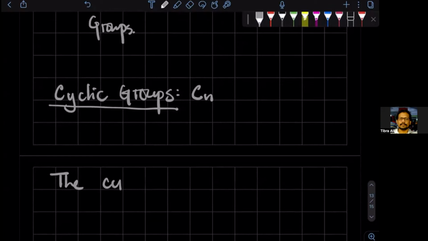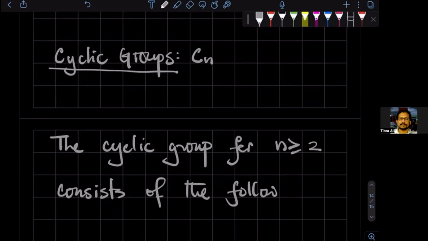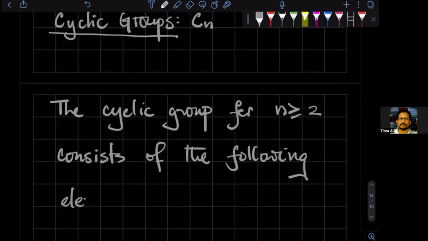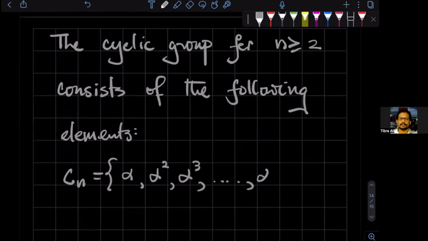The cyclic group, for n greater or equal to 2, consists of n elements, which we can call alpha, alpha squared, alpha cubed, dot dot dot, alpha to the power n minus 1, and alpha to the power n, which is identified with the identity.